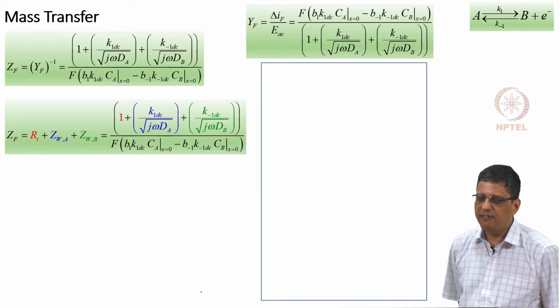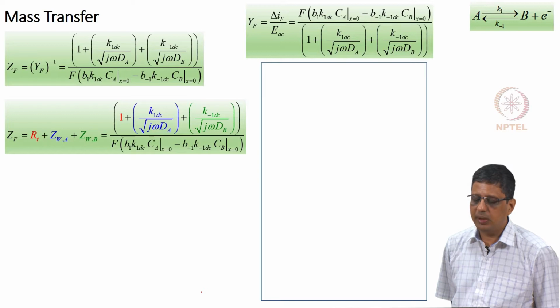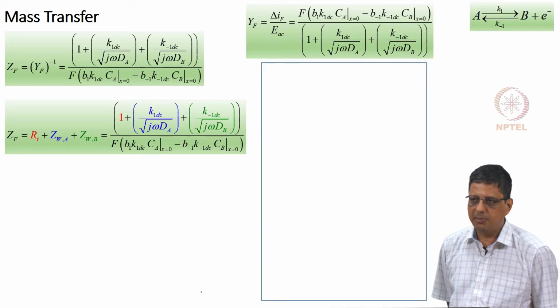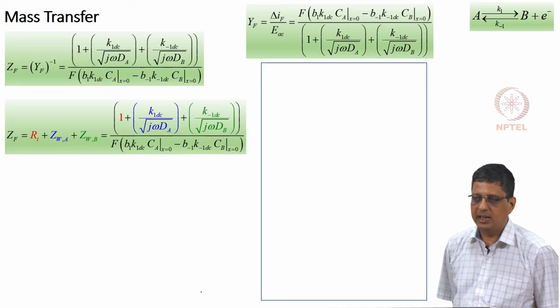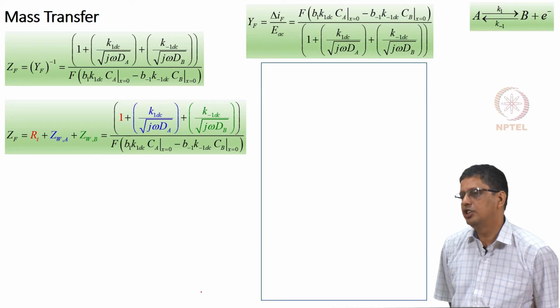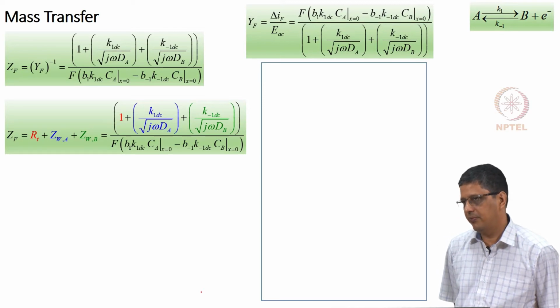It is not that well separated, but if you look at the numerator, yes, one of them is dependent on diffusivity of A, one of them is dependent on diffusivity of B. But the denominator, you have concentration of A at x equal to 0, concentration of B at x equal to 0, and they will depend on diffusivity of A and B. But leaving that aside, you can separate this into 3 components, one called charge transfer resistance.